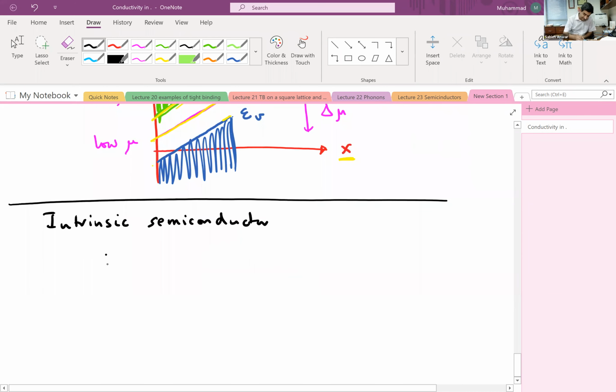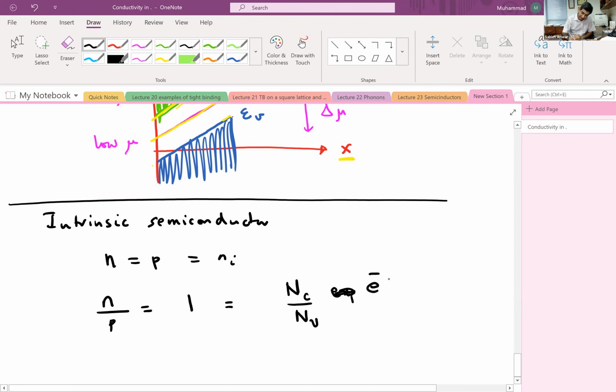So if I have an intrinsic semiconductor, n equals p, and both of them equal ni. If I divide n by p, I get 1, and this would give me Nc over Nv times an exponent.